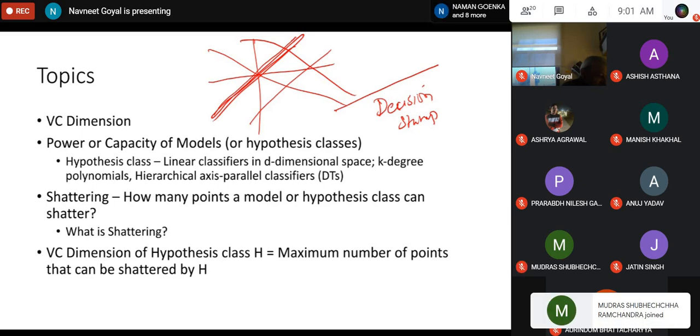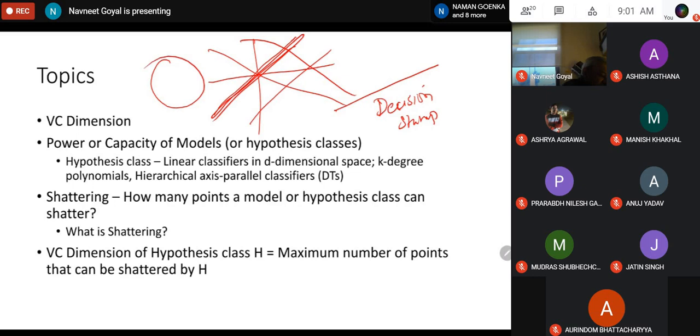Then I'll also be looking at circles, nonlinear classifiers. Then other kinds of classifiers called interval classifiers or box classifiers. And again, I'm talking about these in the context of binary classification problems like this.